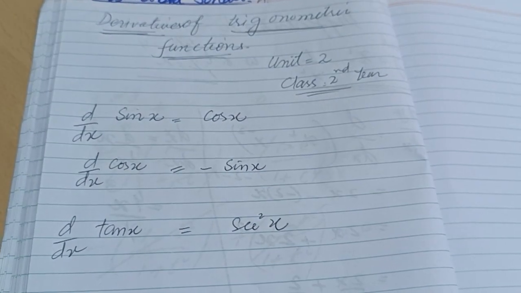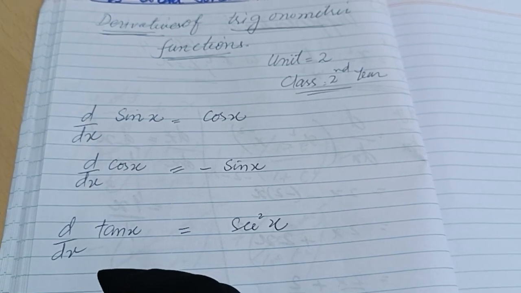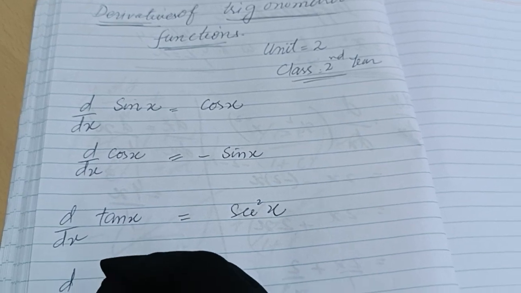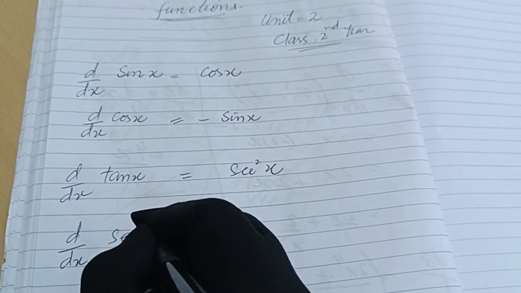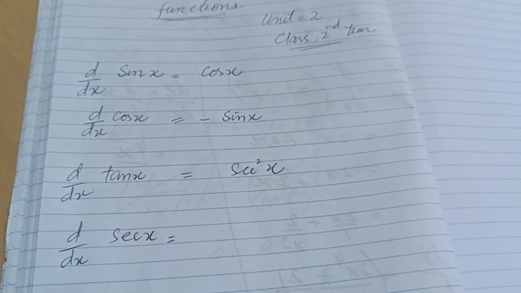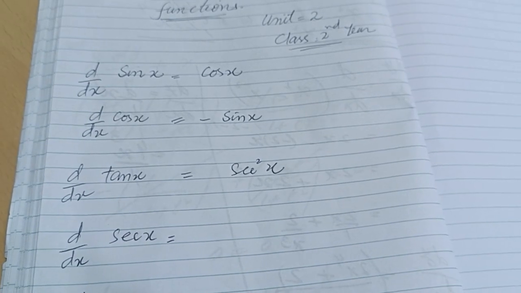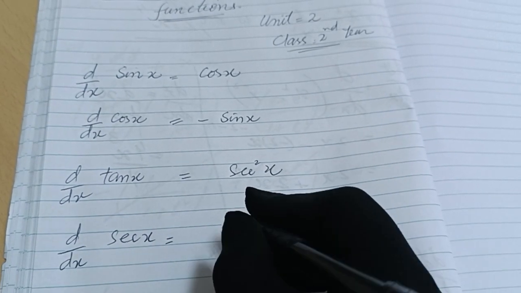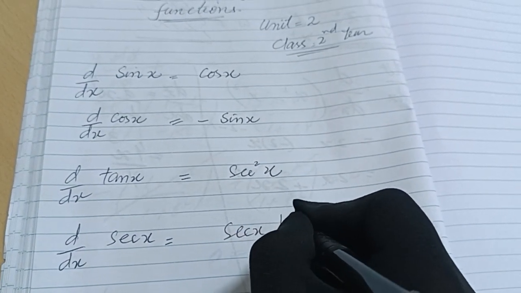Then derivative of secant x, cosecant x, and cotangent x. Secant x derivative is secant x tangent x.